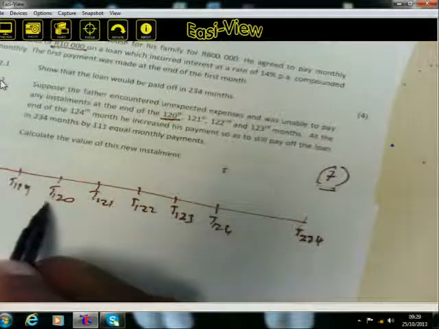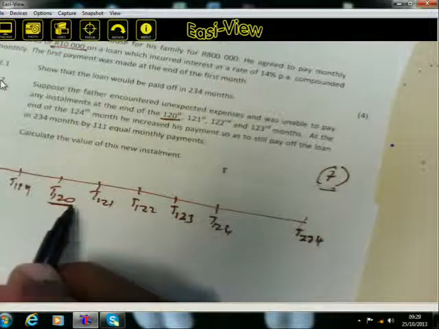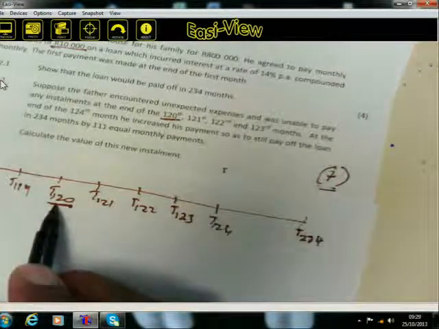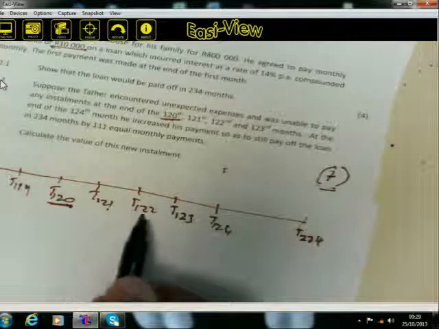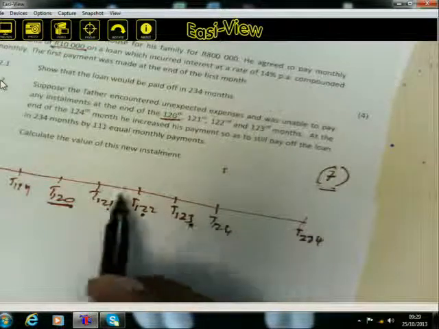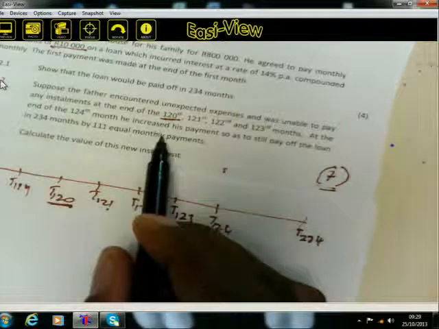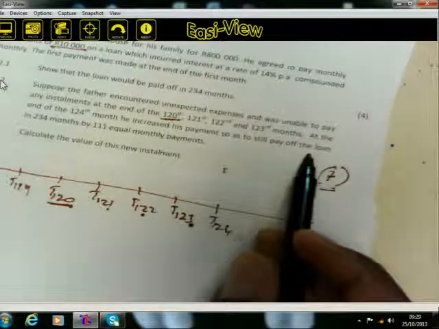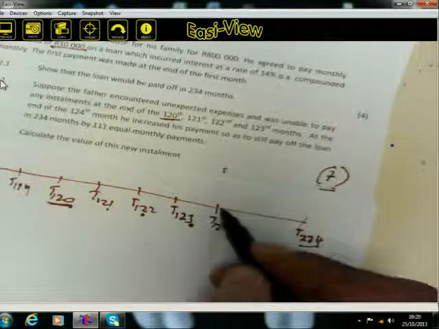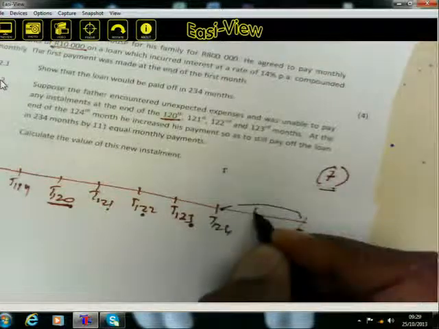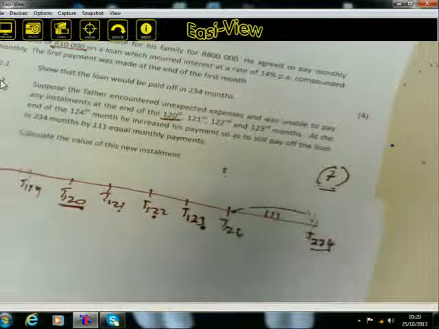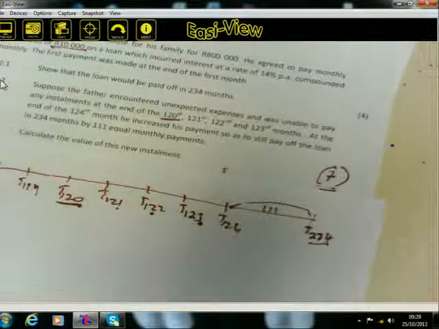But now, when he was supposed to make a payment here, he encountered unexpected expenses. Now he couldn't make any payments from 120, 121, 122 up to 123. But then at the end of 124, he increased his payments so as to still pay off the loan in 234 months. It means now, from here up to that one here, you must make 111 equal monthly payments. Right. Now, what is it that you must do now from here?